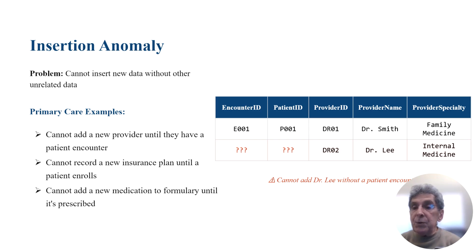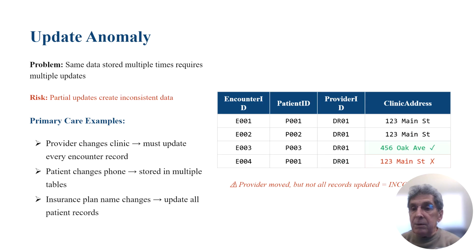The same problem occurs with insurance plans. If insurance information is stored only with patient records, you can't add a new insurance plan until someone enrolls in it. You can't add a new medication to your formulary until someone prescribes it. This is the insertion anomaly, valid real-world data that your database structure won't accept.